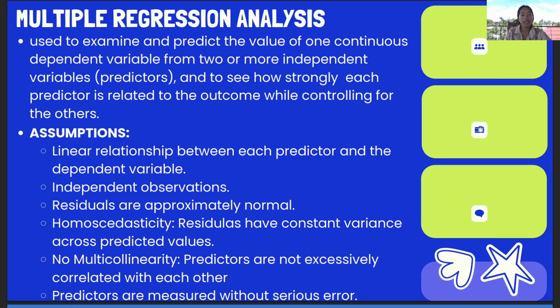Linear relationship between each predictor and the dependent variable. Second is independent observations. Third is residuals are approximately normal. Fourth is homoscedasticity, or residuals have constant variance across predicted values. And then no multicollinearity, or predictors are not excessively correlated with each other. And then predictors are measured without serious error.